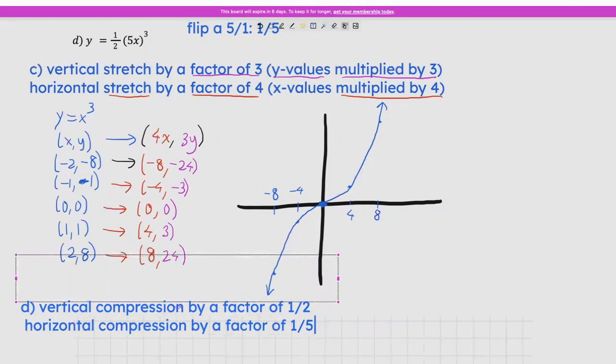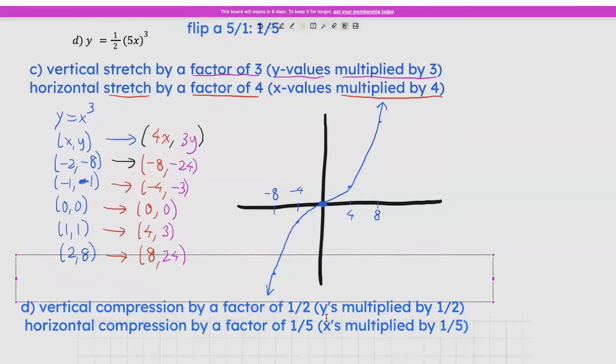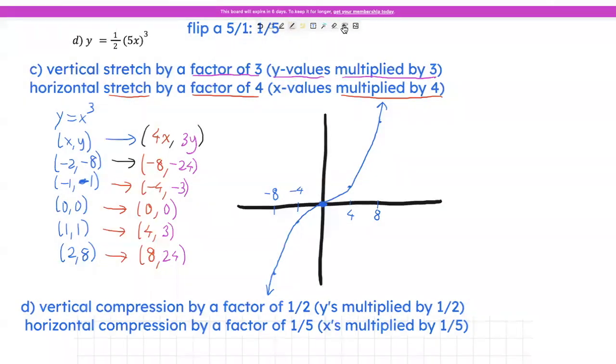Okay, so the first transformation is telling me the y values are going to be multiplied by 1/2. The second one tells me the x values are going to be multiplied by 1/5. Again, keep in mind that multiplying by 1/2 is the same as divide by 2, and multiply by 1/5 is the same as divide by 5. I'm going to take these same 5 key points, right?